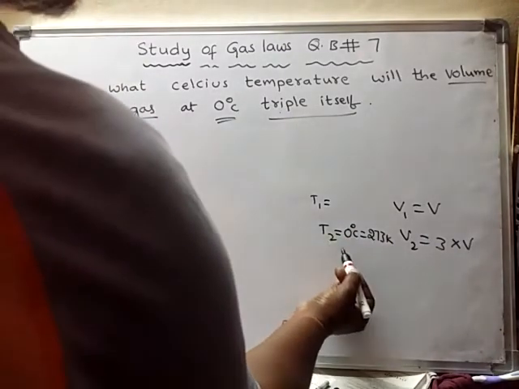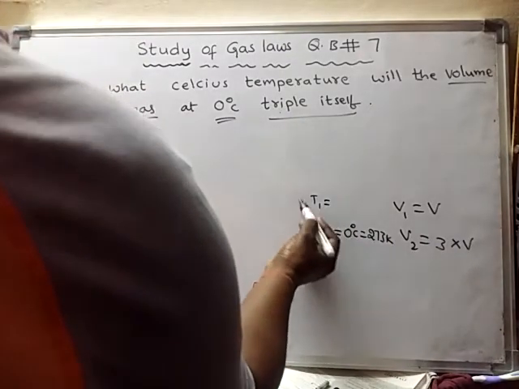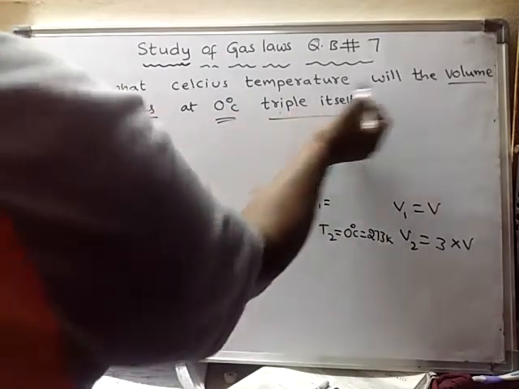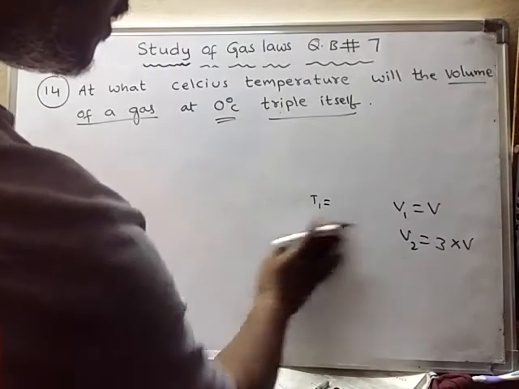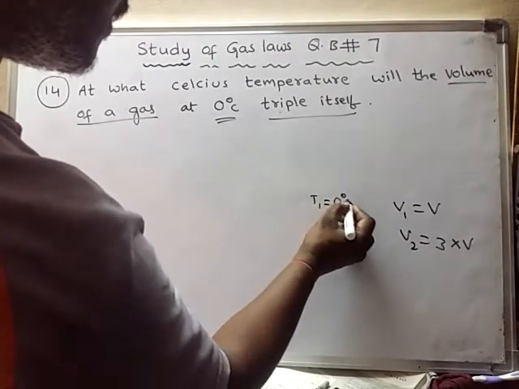So at what Celsius temperature will the volume of a gas, whose initial volume is at 0 degree centigrade, become triple? Here it is mentioned that the initial volume of the gas is at 0 degree centigrade.